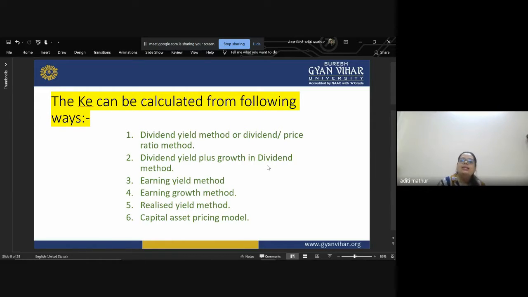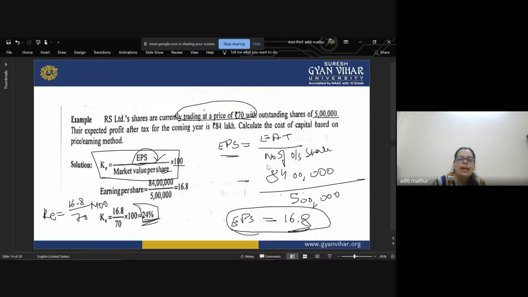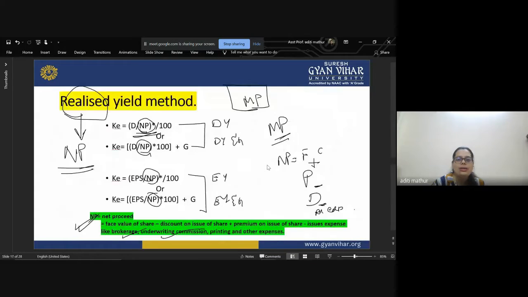The second is dividend yield plus growth. The third is the earning yield method. Fourth is the earning growth method. And fifth is the realized yield method. And the last one is your CAPM. Now let us solve a few questions to get a good hold on these concepts.